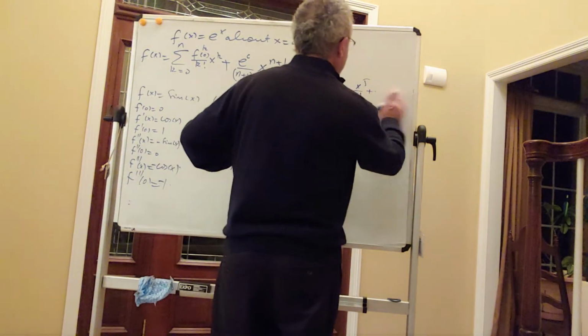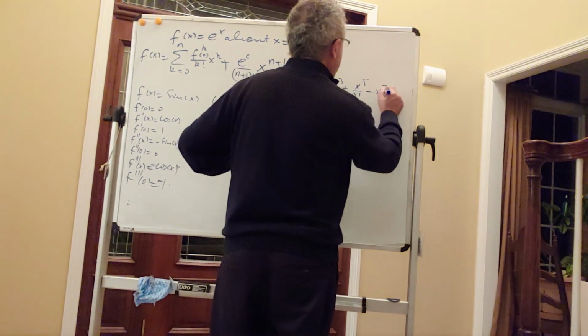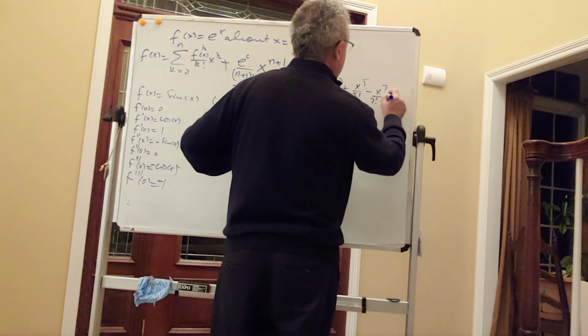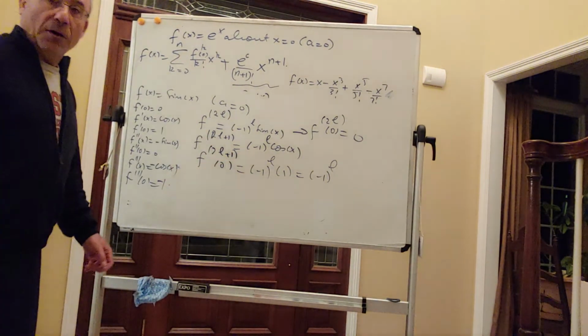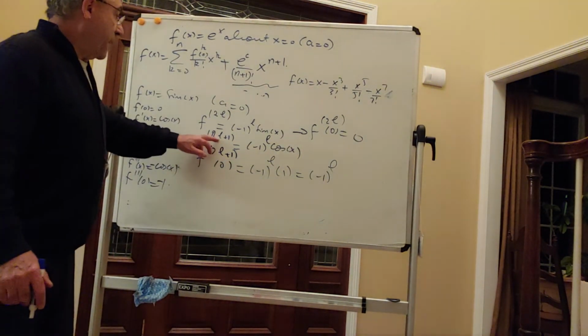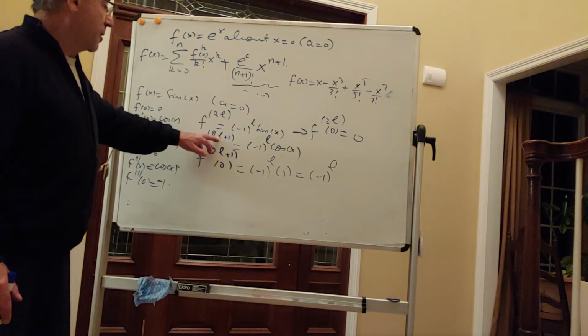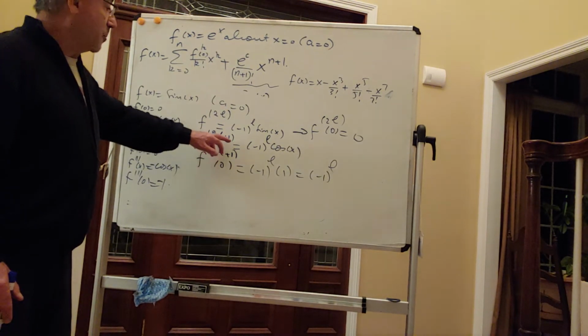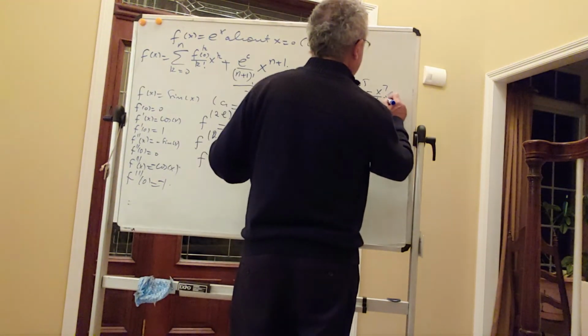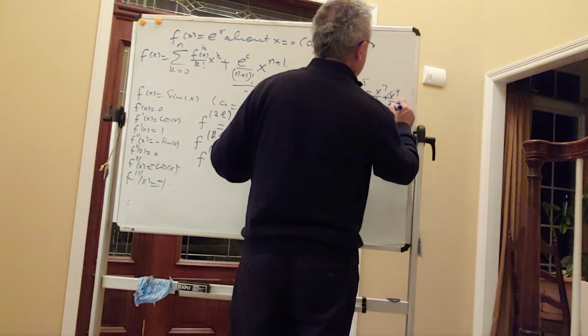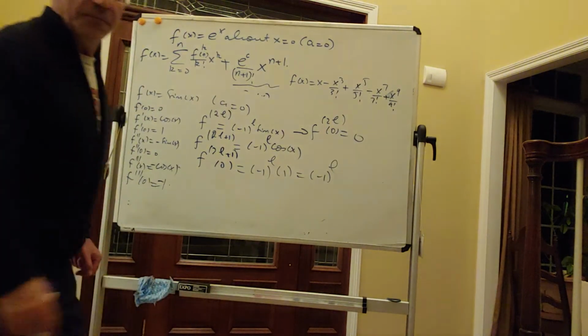So you see the next term is minus x to the 7 over 7 factorial. Take n equal to 4. If L equal to 4, you will get 2L that's 8 plus 1, which is 9, and that will be positive. Plus x to the 9 over 9 factorial, you see?